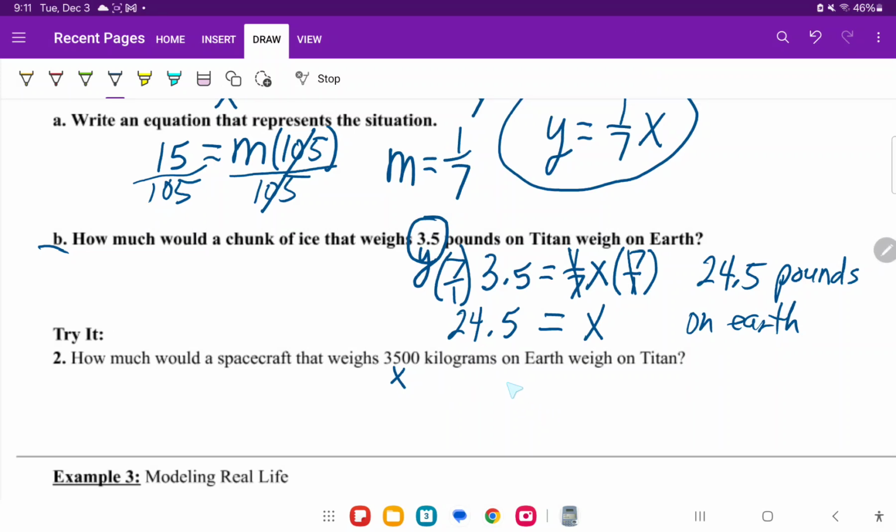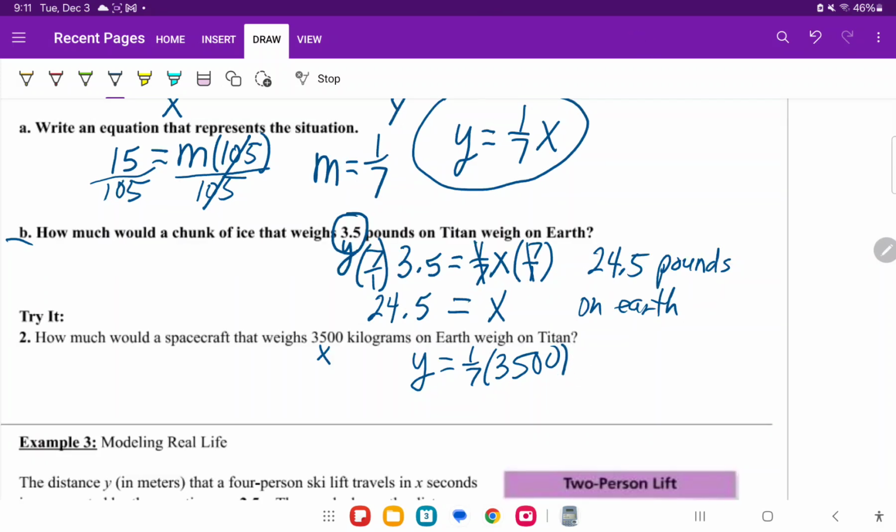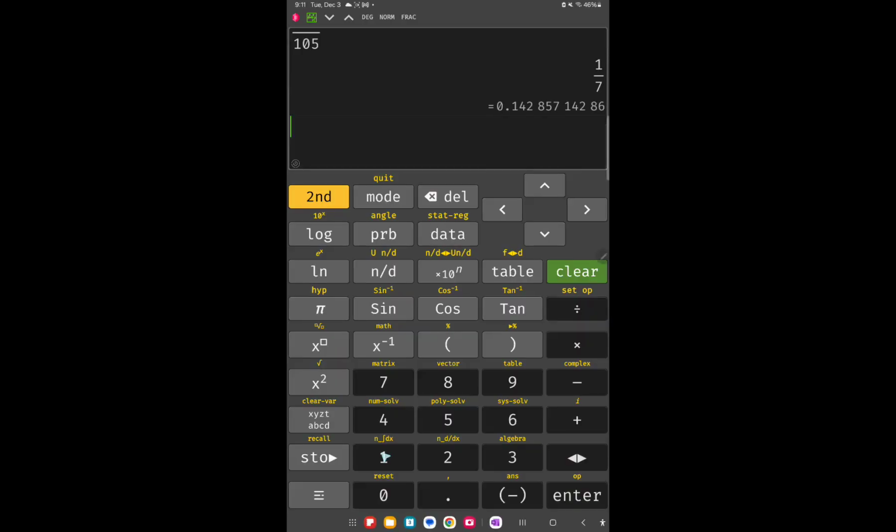Okay, so we're going to go y is equal to 1/7 times 3,500. So we're going to do 1/7 times 3,500.